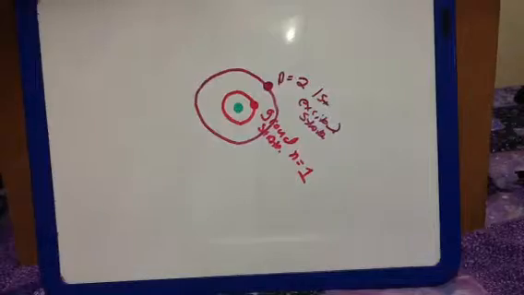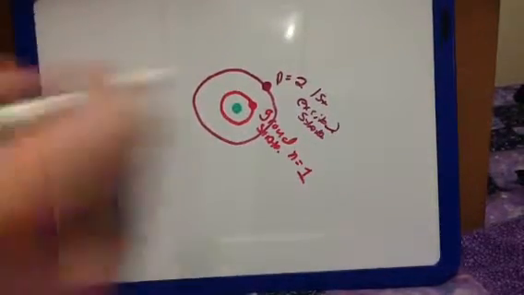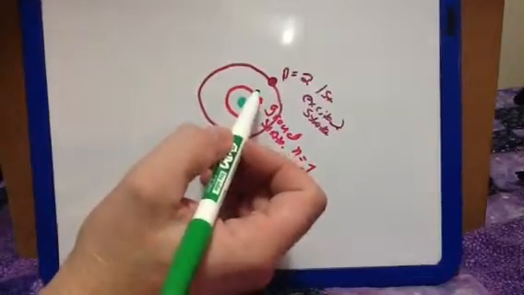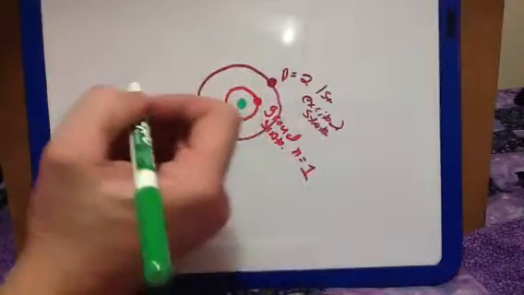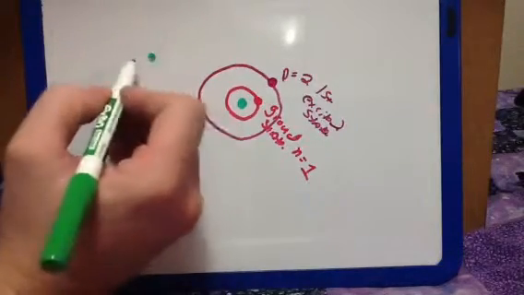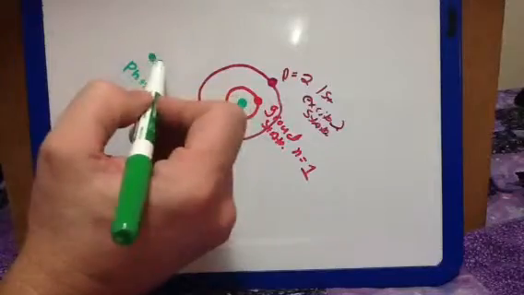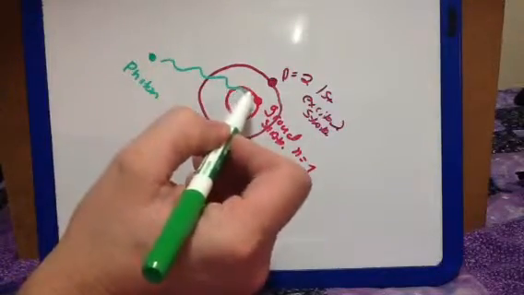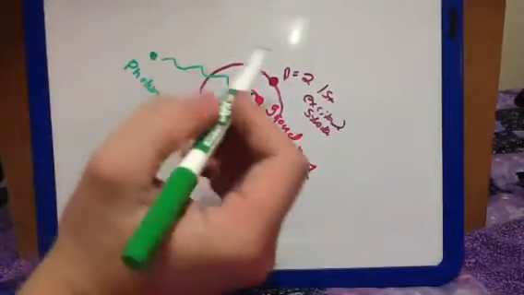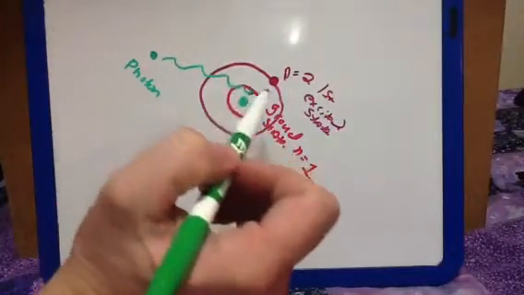Now we know one way of getting the electron from the ground state to the first excited state is if a photon of light were to come in and hit that electron and give that electron its energy. The photon of light basically is absorbed.